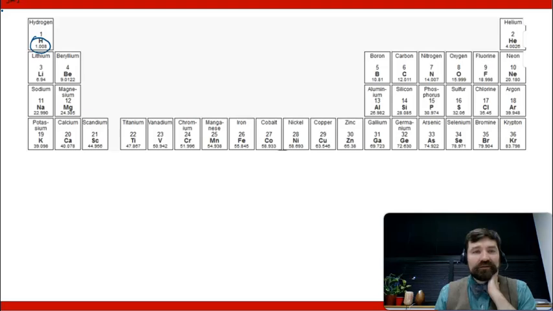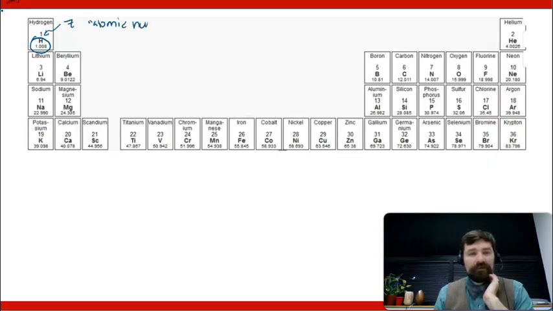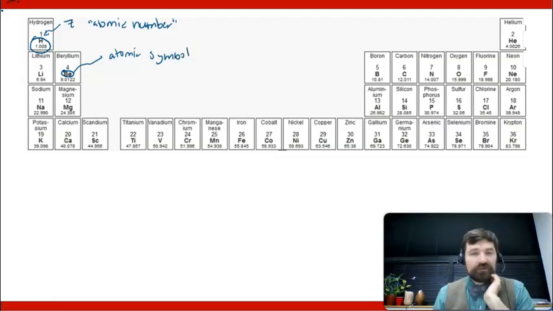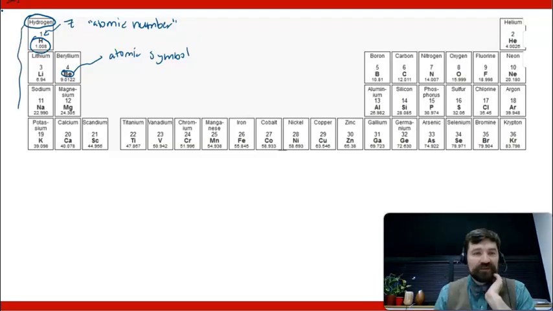You have the atomic number Z, and then you have the atomic symbol, the one to two letter symbol. Usually there is the actual name of the atom, or atomic name.